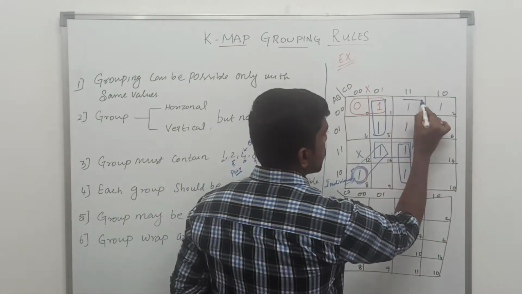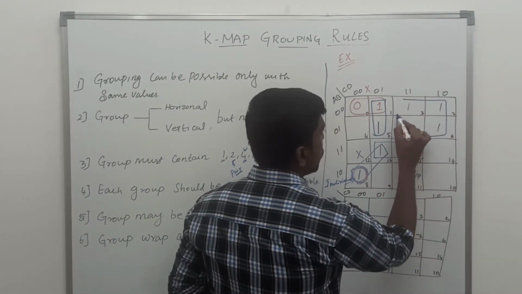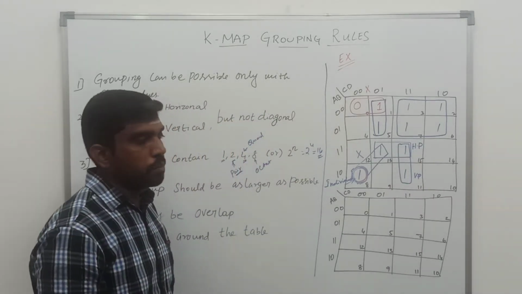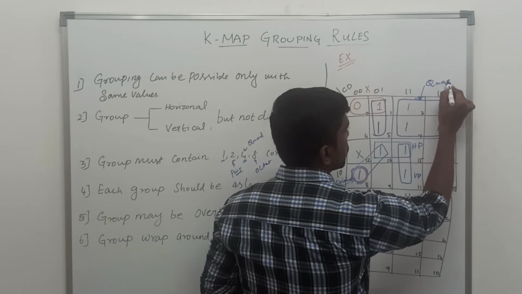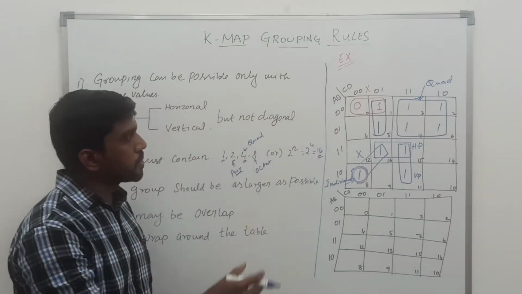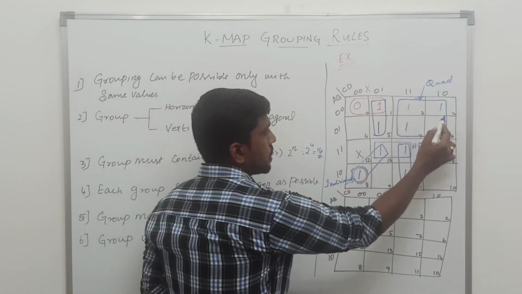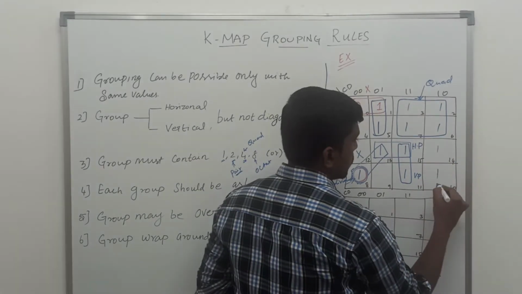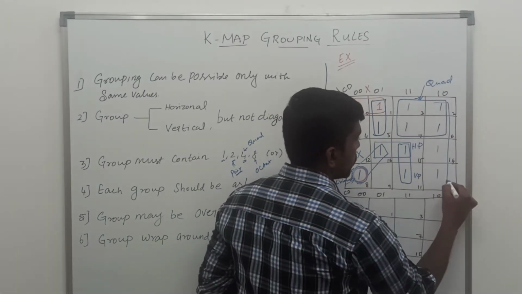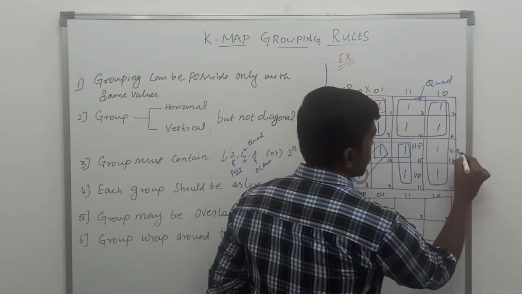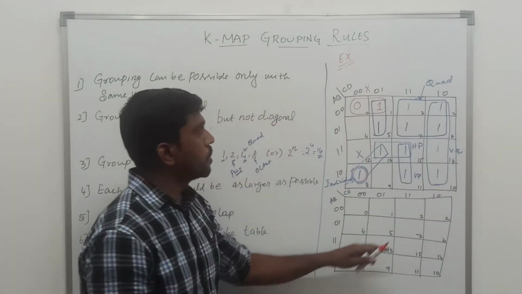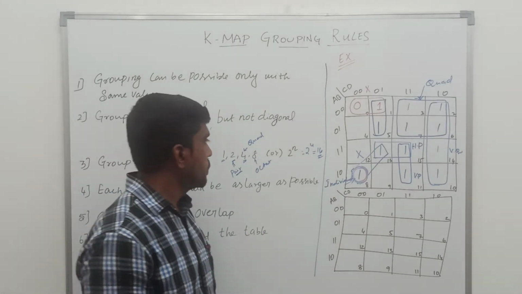You can take this 4 as one group. So this group is called a quad. So we have 2 options, one is horizontal and another one is vertical. So this also you can take as a vertical quad. So this 4 also you consider a quad.